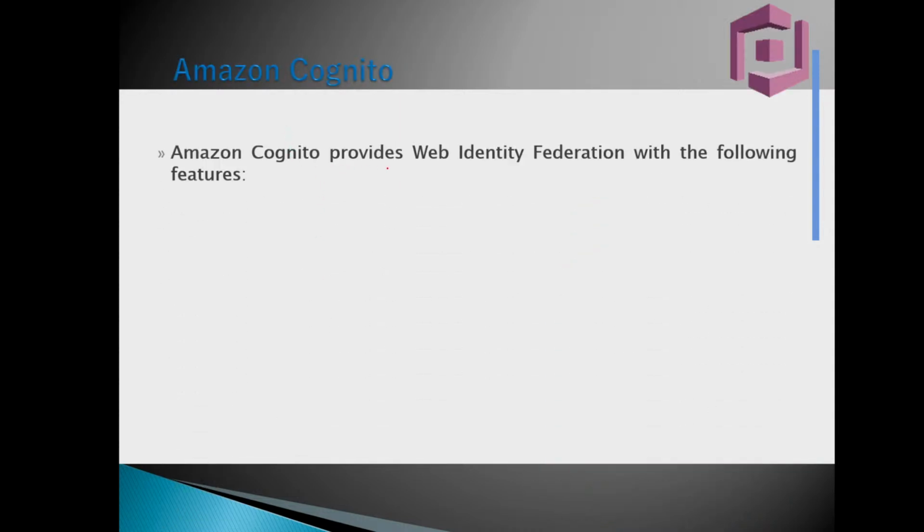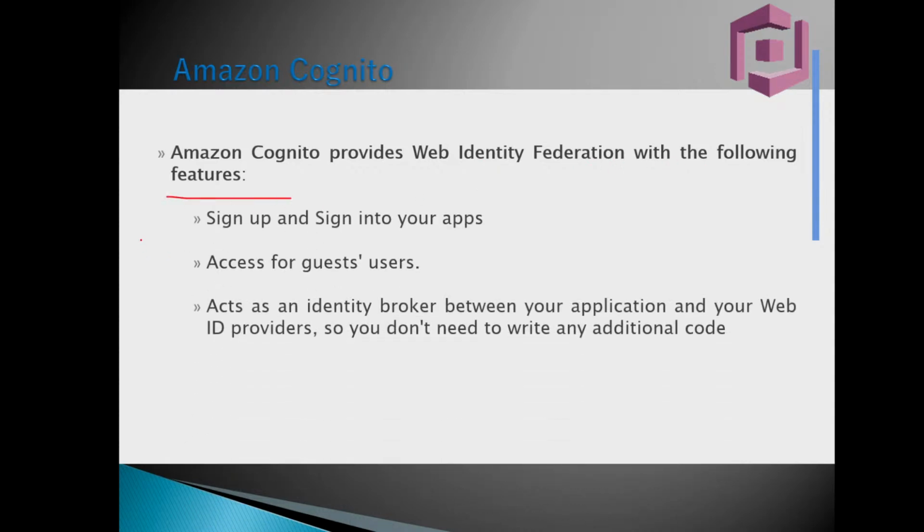So Cognito provides web identity federation with the following features. You can sign up and sign into your application, create a guest user, and act as a broker between your application and the web identity provider so that you don't have to write any additional code. This is an important thing. Sign up and sign in is generally what we do on any website.